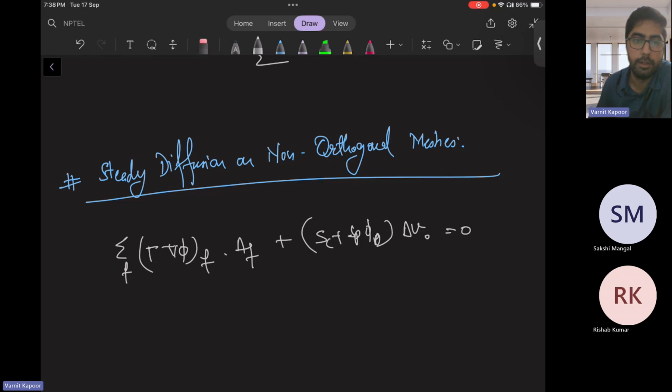Of course the derivative in the zeta direction can be written in terms of cell values using the linear profile assumption, phi 1 minus phi naught by del zeta and so on, for the primary gradient, and the second term we say is the secondary gradient. We got these two terms so far.